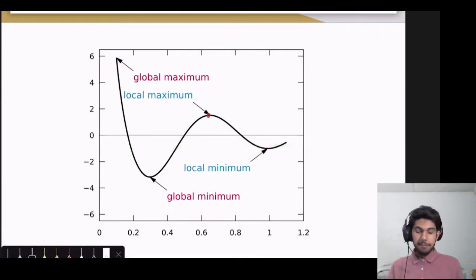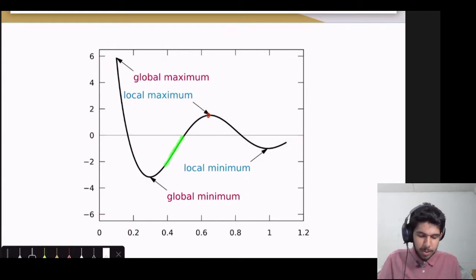So visually, these maxima and minima are pretty easy to detect, especially the global maximum and global minimum, because we just look for the most extreme points, the highest values and the lowest values. But these local extrema are also easy to visualize because they're where the function changes direction.